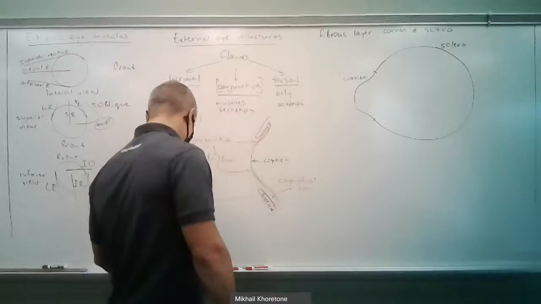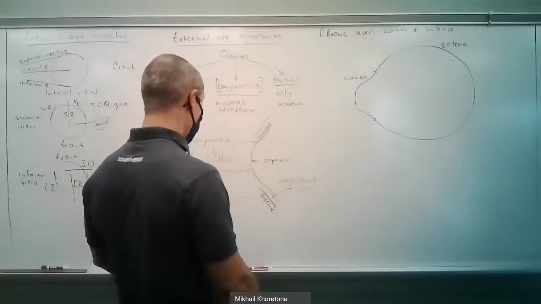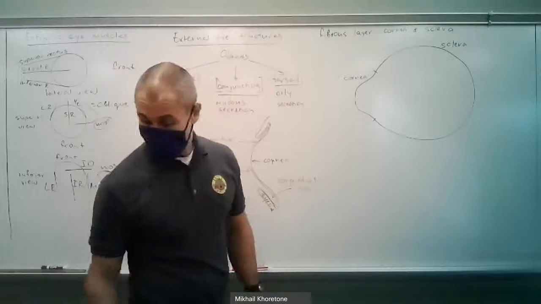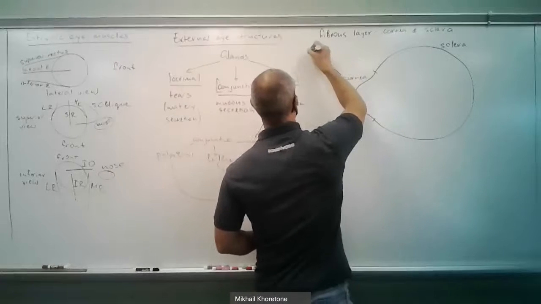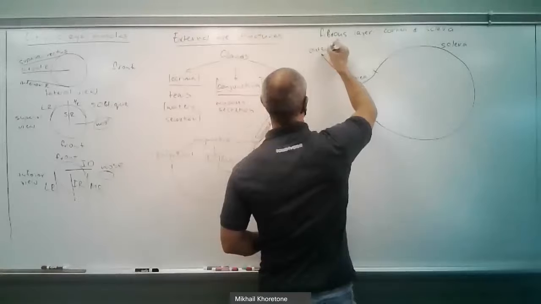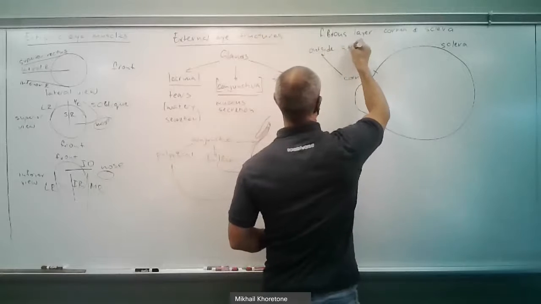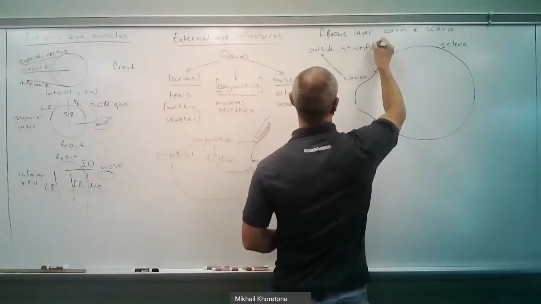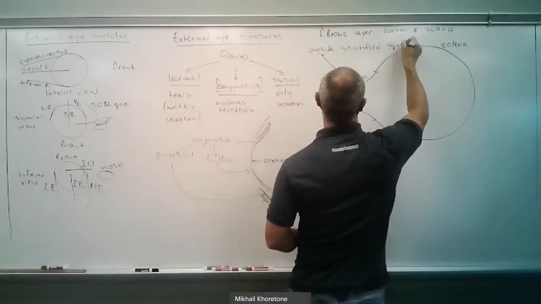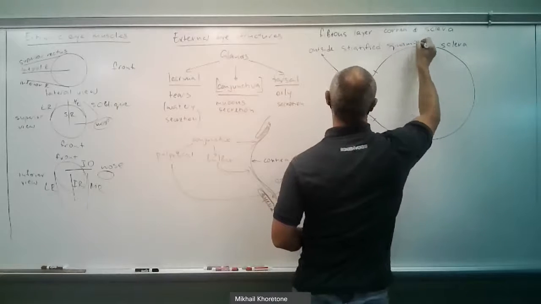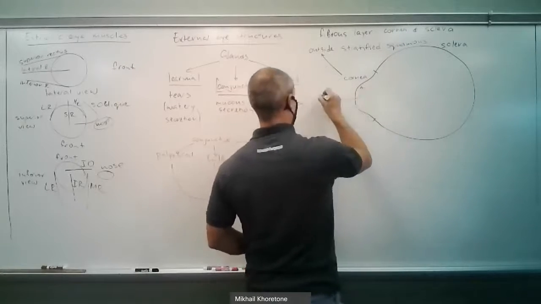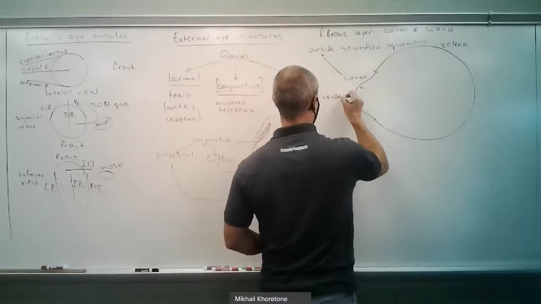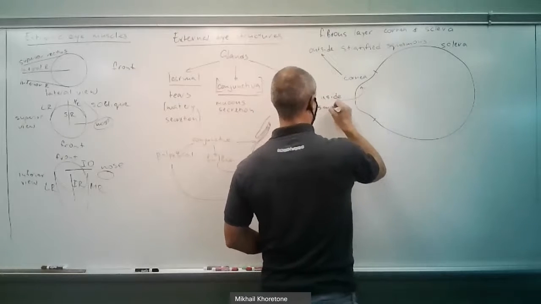Now, on the outside, the cornea is covered by stratified squamous epithelium, and inside, simple squamous.